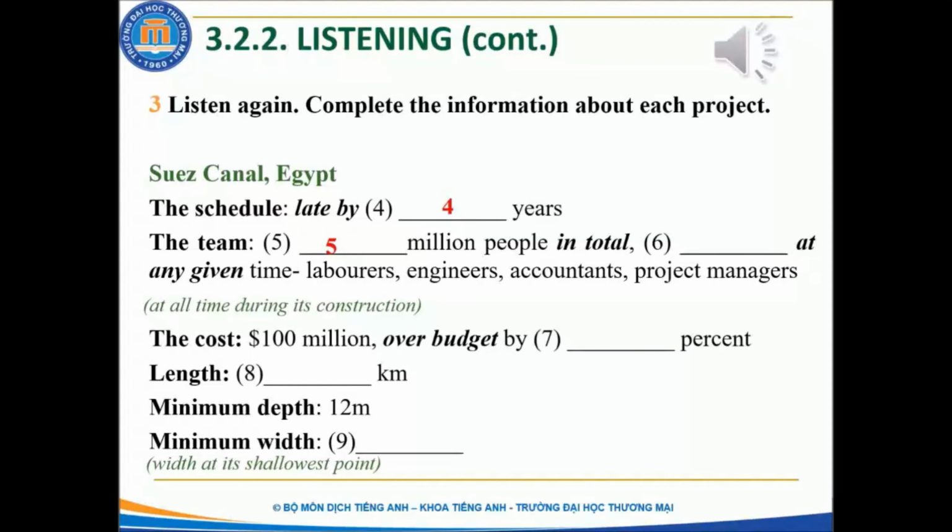And for number 6, với câu số 6 thì mình có một cái thông tin ở trong bài là some sources say that at least 30,000 people were working on the canal at all times during its construction. Như vậy ở bất kể một thời điểm nào trong suốt quá trình mà thực hiện cái dự án này thì cũng có tối thiểu là 30.000 người tham gia vào dự án.